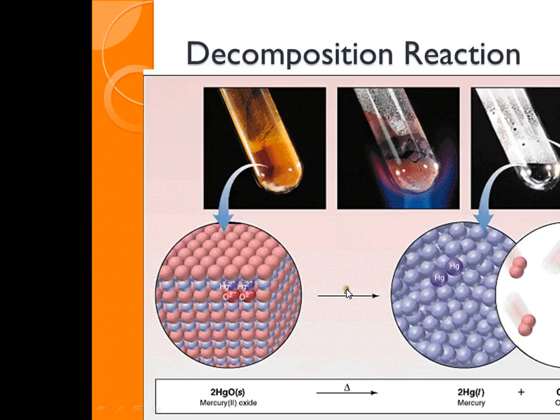When we add heat, so you can see in our reaction here we have a Bunsen burner, so you see the heat here. You're seeing a color change occur. What's happening is as you heat it up, the oxygen is becoming a gas, an O2 gas. It's being released out of the top of the test tube, and what you're left with in the bottom of the test tube is that mercury, that liquid metal that we know from thermometers.